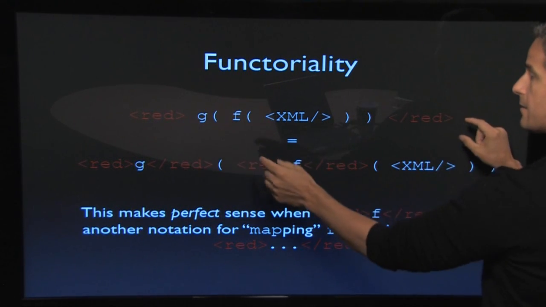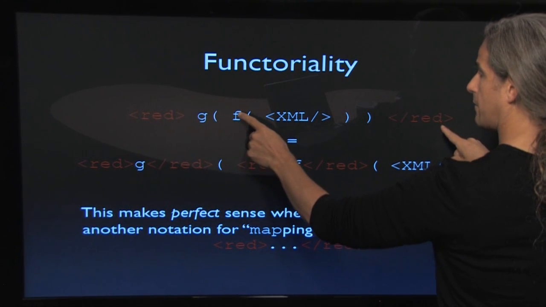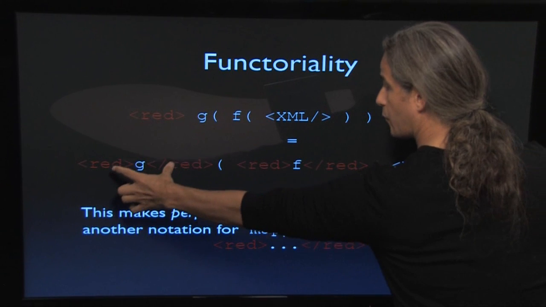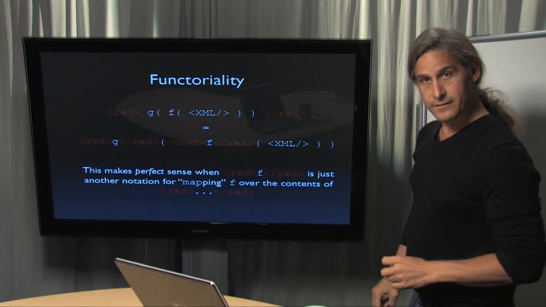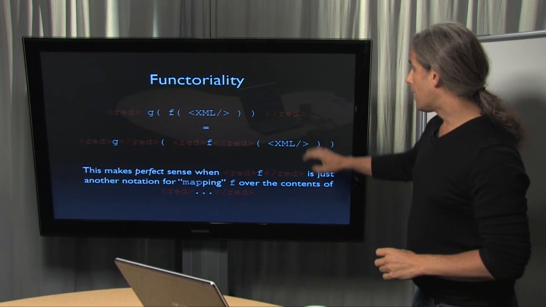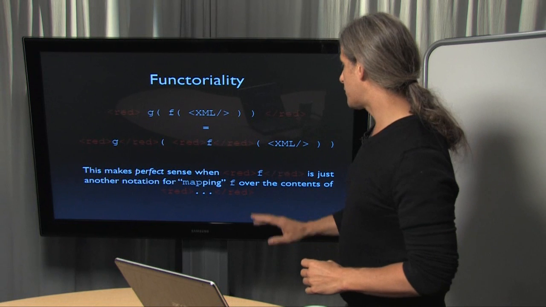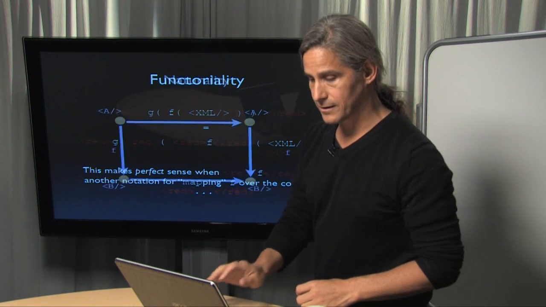So we're saying that if I have the red on the G composed with F, it's the same as the red on the G composed with the red on the F. So that's the idea for functoriality. There's another condition about identities, but I'm just going to gloss over that. I just want to give you a little taste of what this might mean.